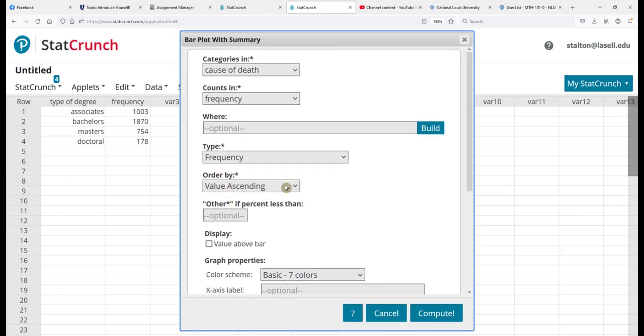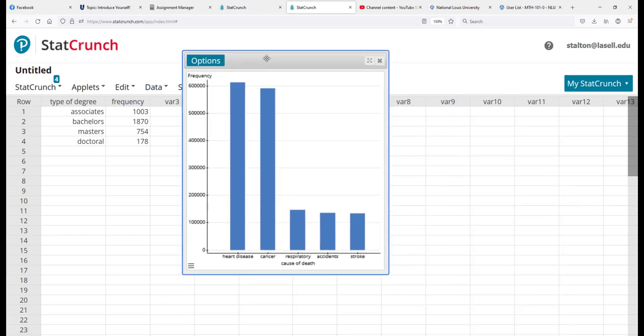And when it says order by, we want to order by count descending. And when I hit compute, I get my chart. As you can see, heart disease is the leading cause of death all the way down to stroke. The bars go from tallest to shortest.